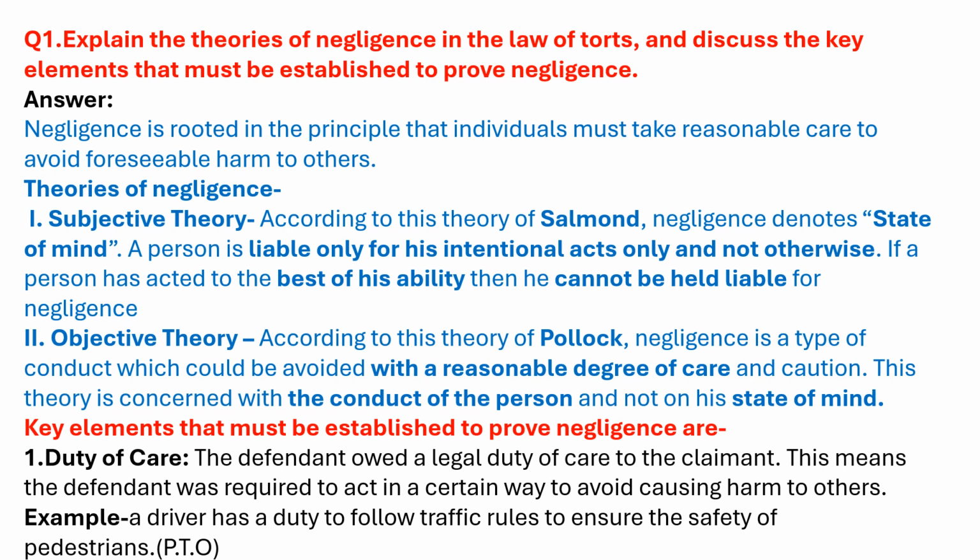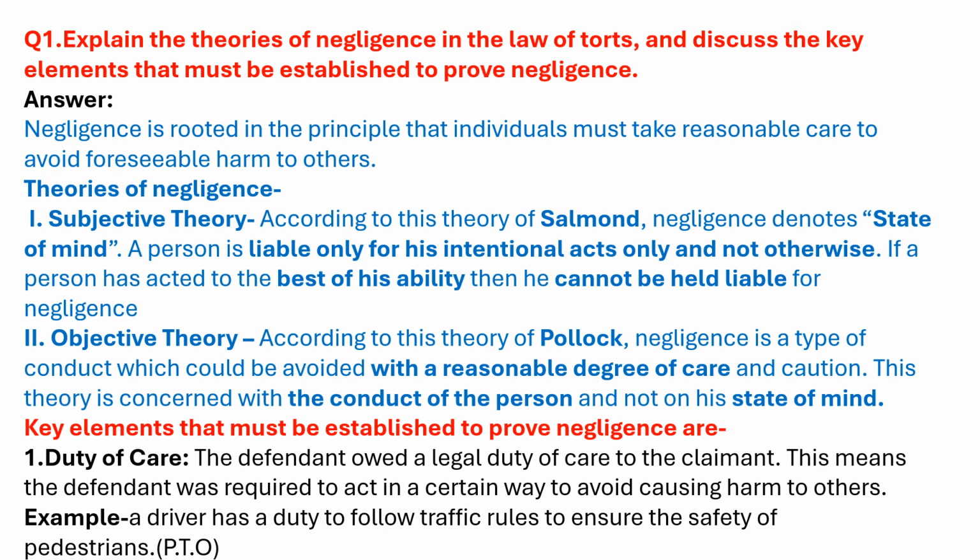Coming to the next theory, that is the objective theory. According to this theory of Pollock, negligence is a type of conduct which could be avoided with a reasonable degree of care and caution. This theory is concerned with the conduct of the person and not his state of mind.